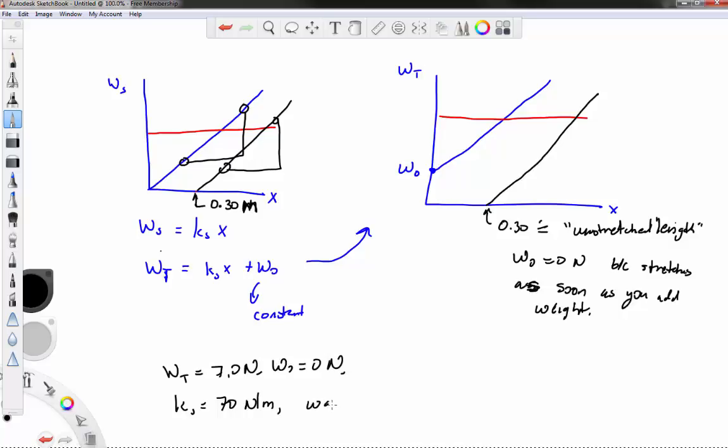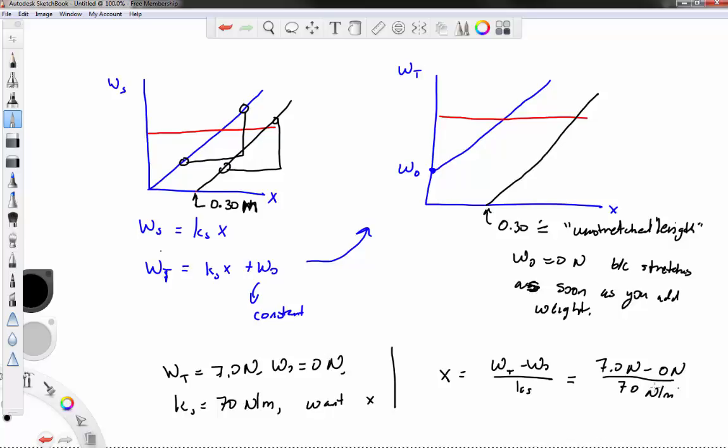And want x. Alright, so x, according to this equation, is weight total minus weight 0 divided by Ks. And so that is 7.0 newtons minus 0 newtons divided by 70 newtons per meter.